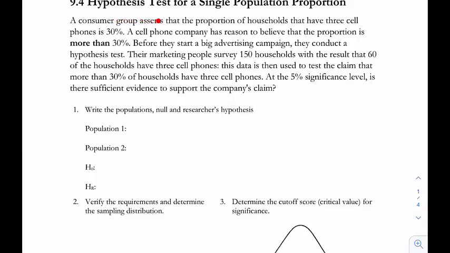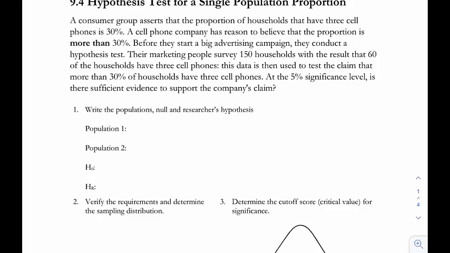A consumer report asserts that the proportion of households that have 3 cell phones is 30%. That's 30% of that population. A cell phone company has reason to believe that the proportion is more than that. So a cell phone company wants to prove that's true.